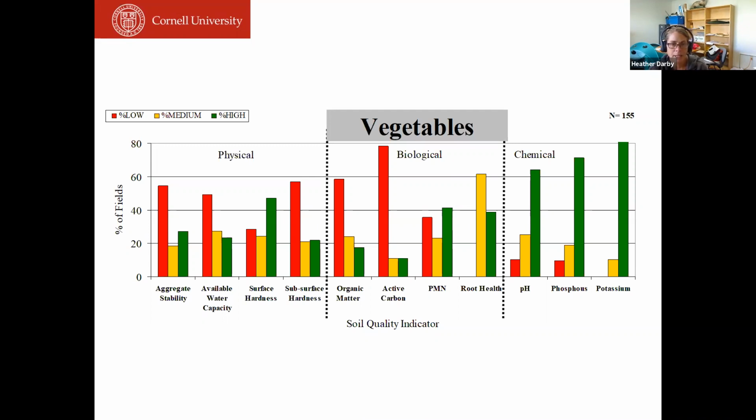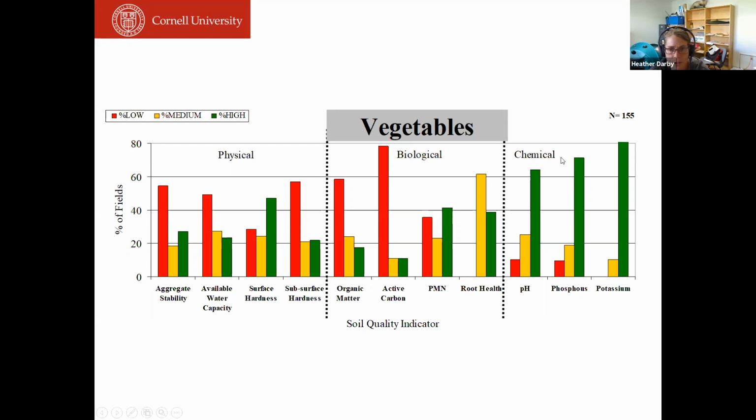Back in the mid-2000s, I worked with Cornell to go around and collect data from a variety of production systems in Vermont, and a number of other people did as well. And we kind of pooled that data to see what do different systems look like on the soil health scale. And so I thought I would just show this to folks.